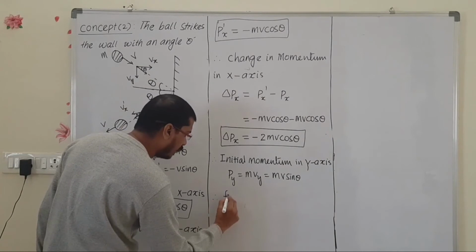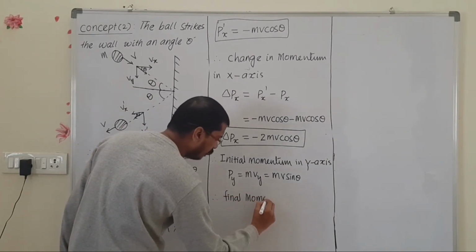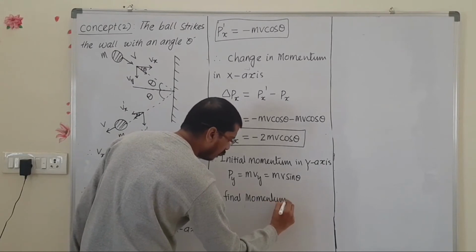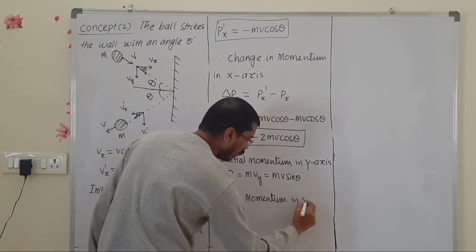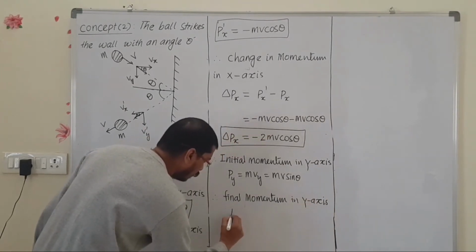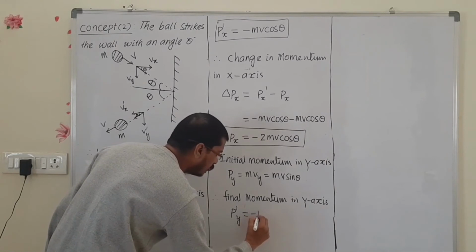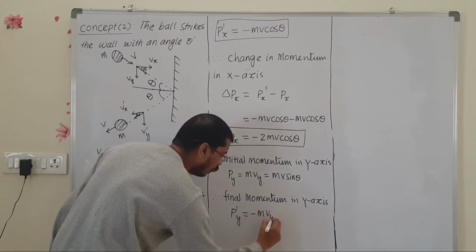Therefore, the final momentum in the y-axis, p dash y, is equal to minus m into v1.